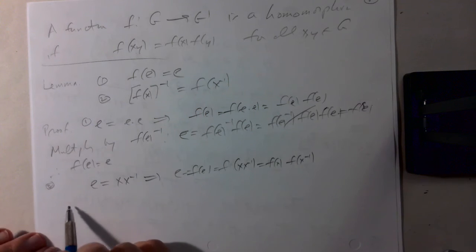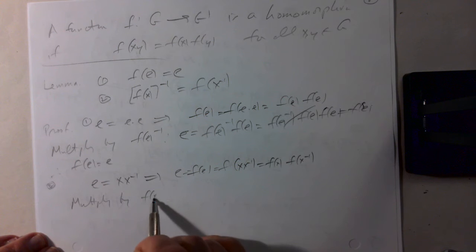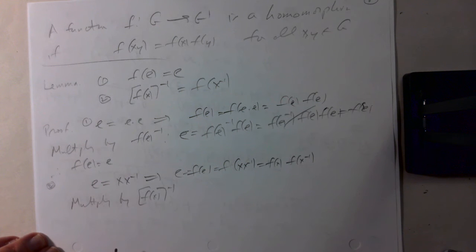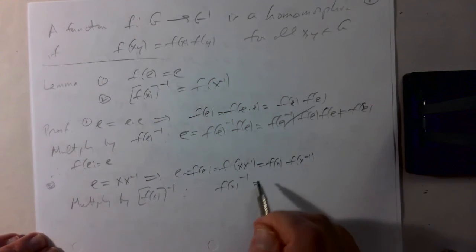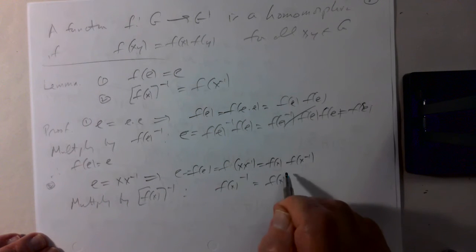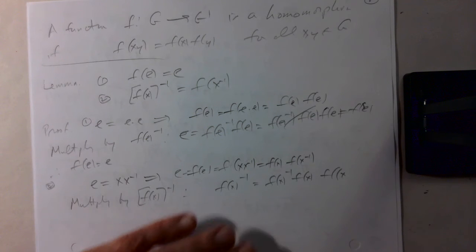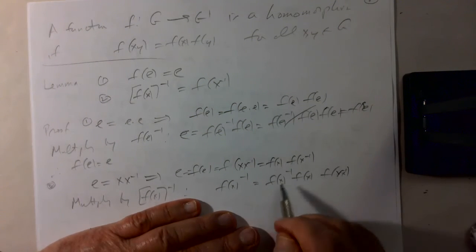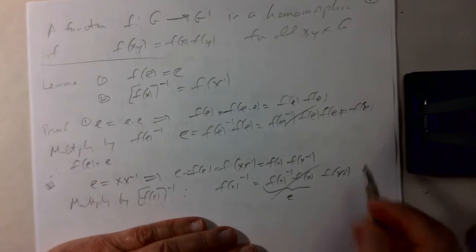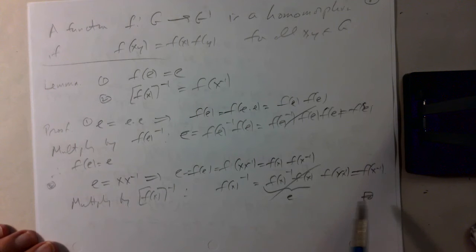So if you multiply by f of x inverse, you get f of x inverse is equal to f of x inverse times f of x times f of the element x inverse. This is the identity, so it cancels. This is f of x inverse. So that's the proof of this little lemma.